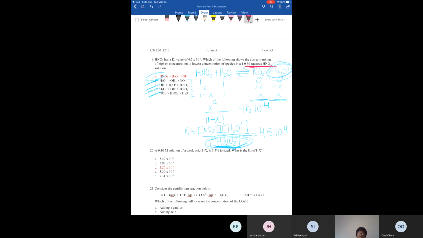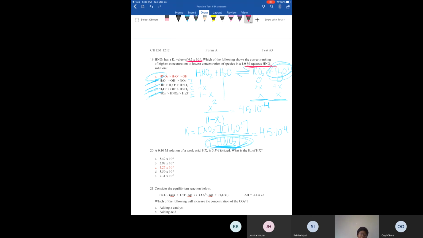Maybe if they gave you a Kb value, but it's acidic if your Ka value is bigger than your Kb value, and in this case it most definitely would be. But if your trouble is figuring out which one is the acid, can you tell it's an acid?